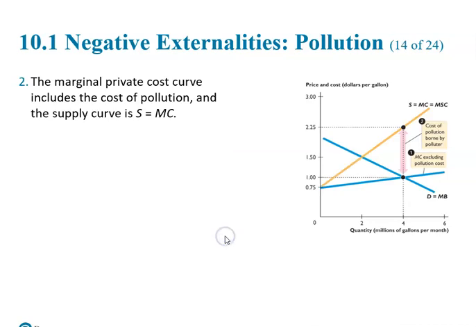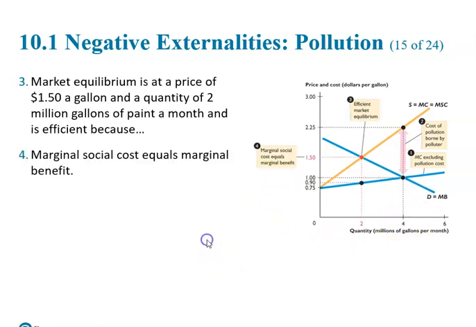But when the producer actually adds the cost of pollution into its marginal private cost curve, which is now this yellow marginal cost curve, that will actually include the cost of production, and the gap between the previous marginal cost curve and this new one, which includes the cost of pollution, shows us what amount of pollution will be caused at each level of production.